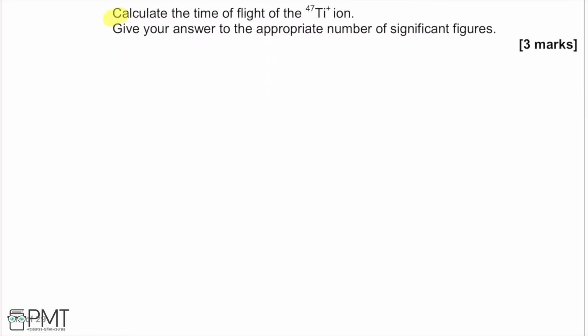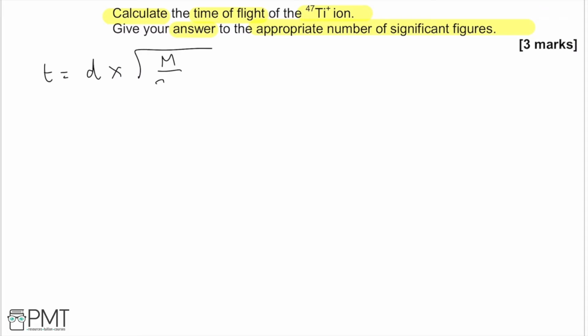We are then asked to calculate the time of flight for the titanium-47 plus ion and to give our answer to an appropriate number of significant figures. Now, if we sub in values that we know, we can work out the value for distance of the flight tube.